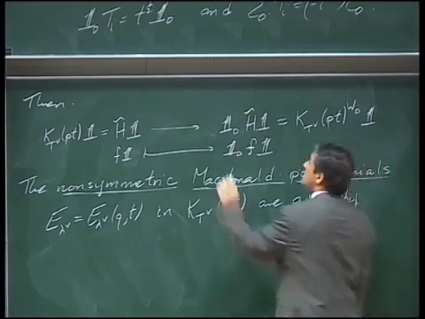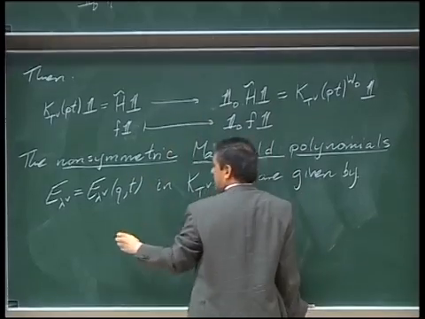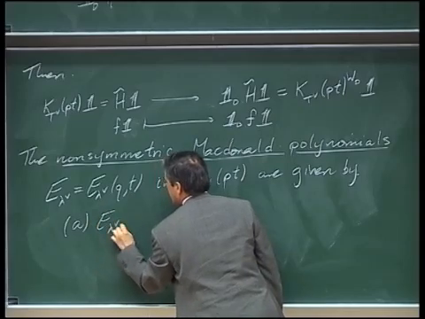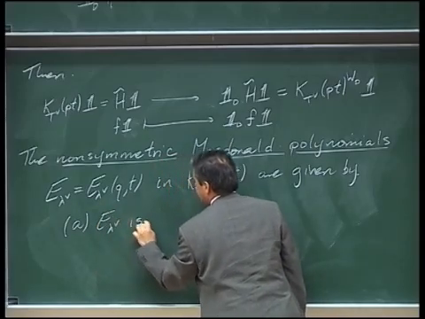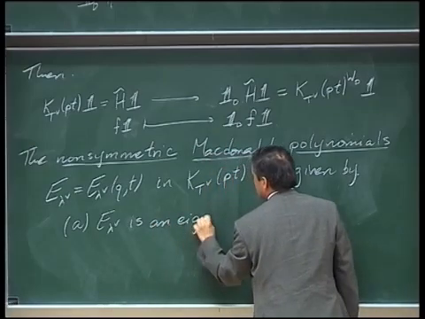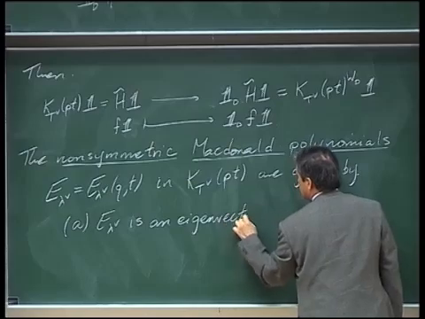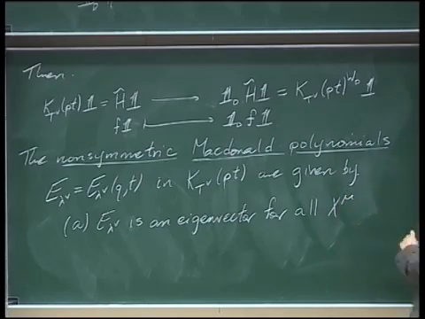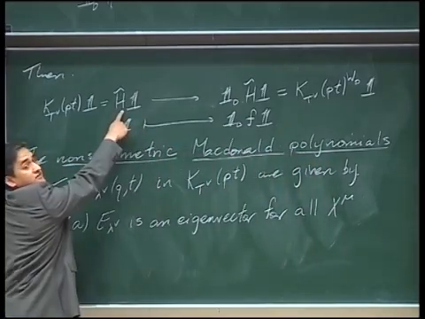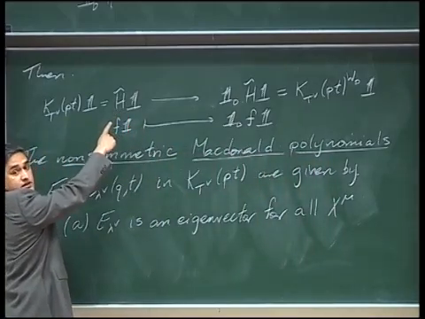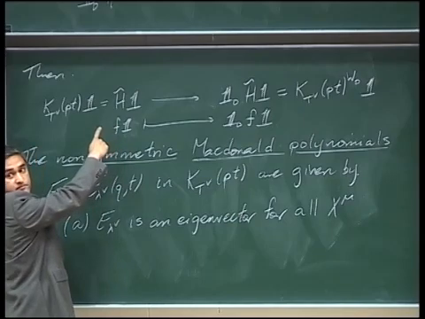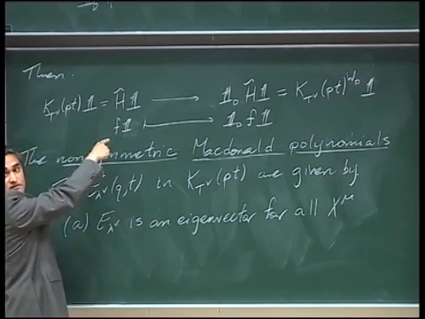two properties. So the most important property is that they're eigenfunctions: E lambda check is an eigenvector for all the x mu's. Here we clearly have a left H tilde module, and x mu is inside of H tilde, so x mu acts on this.